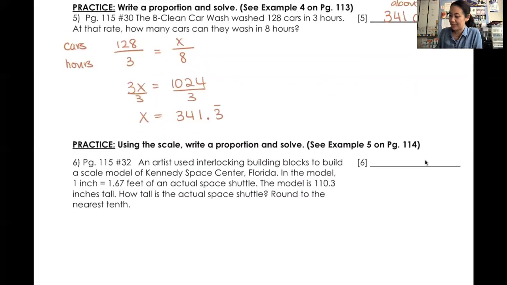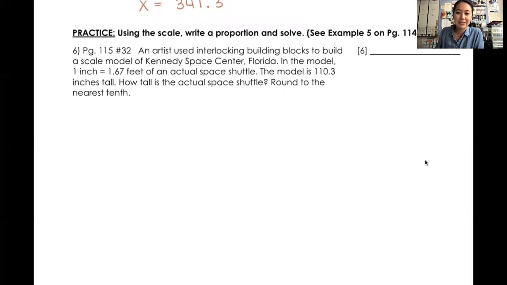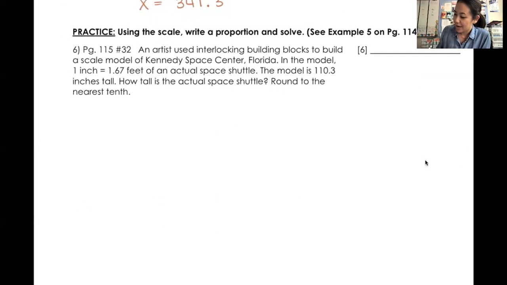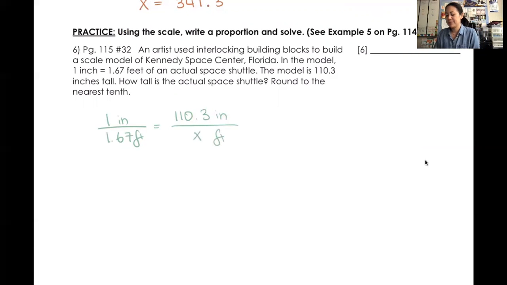Round to the nearest 10th. All right, so let's set this up. We know that 1 inch is equal to 1.67 feet, and the model is 110.3 inches tall, and we want to figure out how many feet the actual space shuttle is.